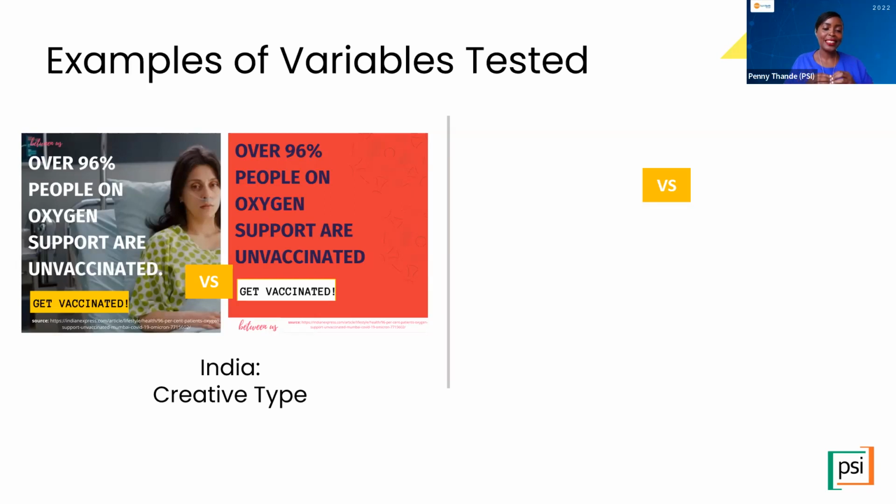Another one was in India, where we tested the creative type. On one side, we have a creative with an image and some text overlay, and on the other side, text only.